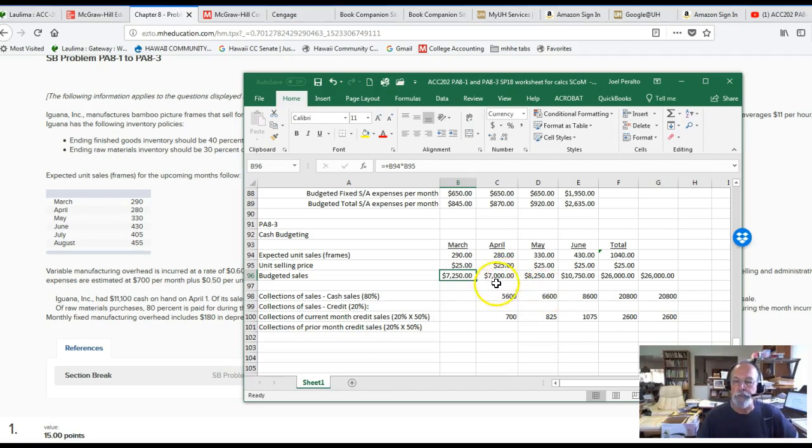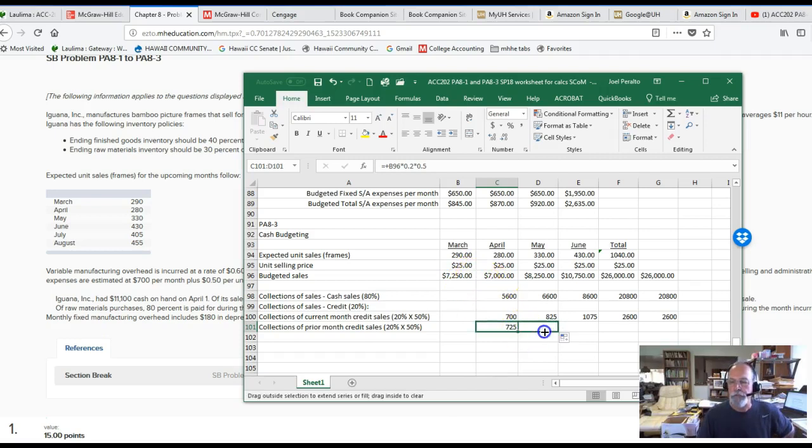So that would be budgeted sales for March. And so our collection of March credit sales would be plus sales times 20% times 50%. Okay. So that's B96.